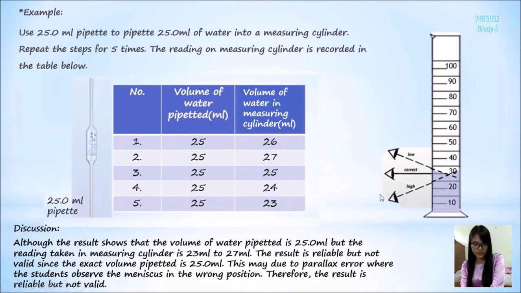This is parallax error. Therefore, the result is reliable but not valid due to parallax error. So now I would like to pass the slide to my group member Samuel Shuang for question 6b. Thank you.